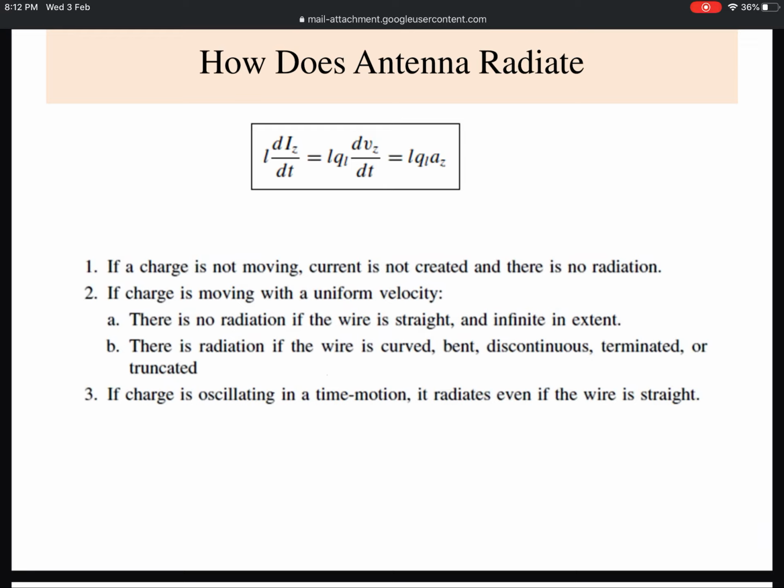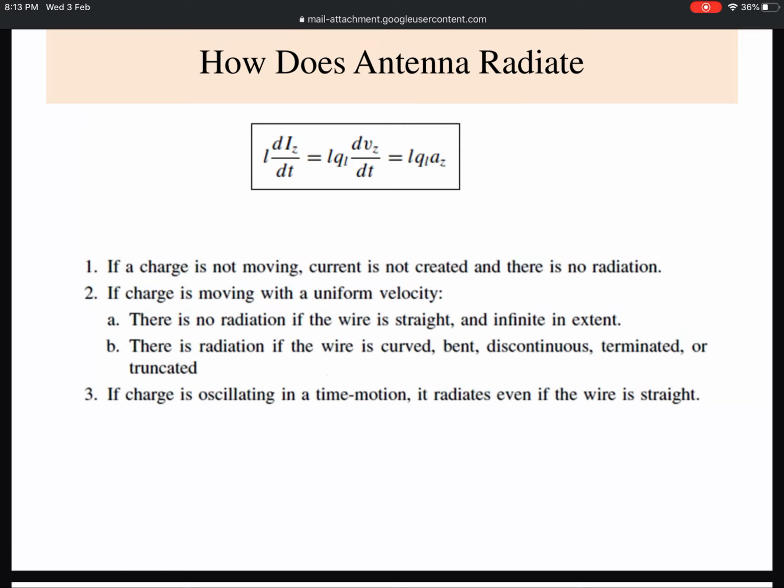The second case is if the charge is moving with uniform velocity, then also there is no radiation, because it is moving uniformly and your wire is straight. Provided your wire has some bend or discontinuity, then the uniform current may get disturbed and there may be an acceleration or deceleration of the free electrons, their uniformity will be lost and there will be disturbances.